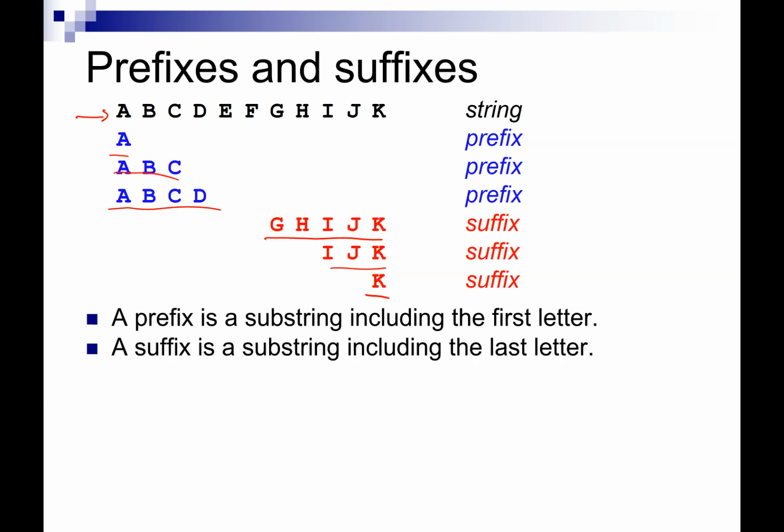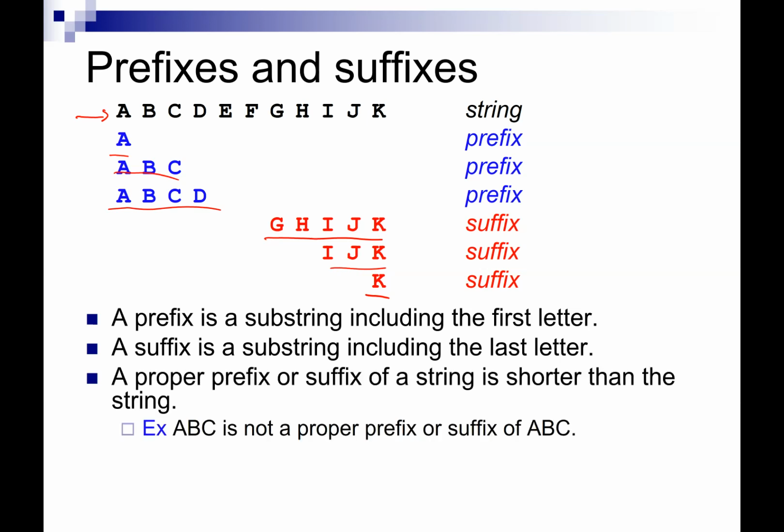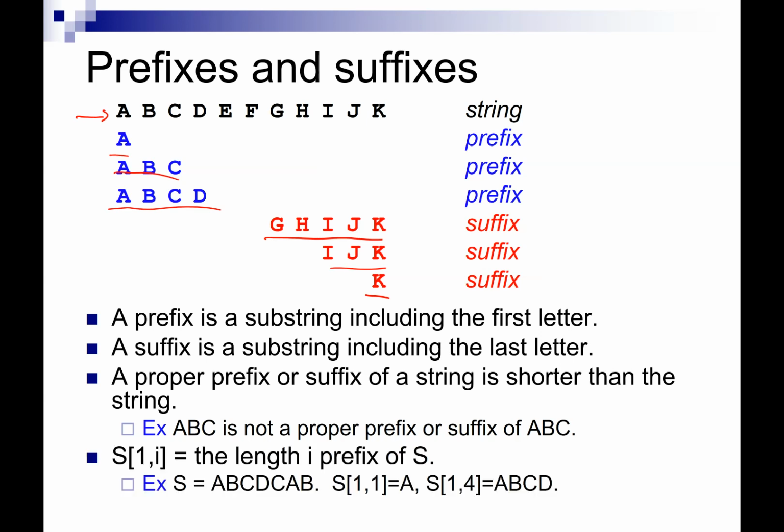A prefix is a substring including the first letter, and a suffix includes the last letter. A proper prefix or suffix is a prefix or suffix that is shorter than the entire string. For example, ABC is a prefix and a suffix of ABC, but it's not a proper prefix because it's not shorter than ABC.